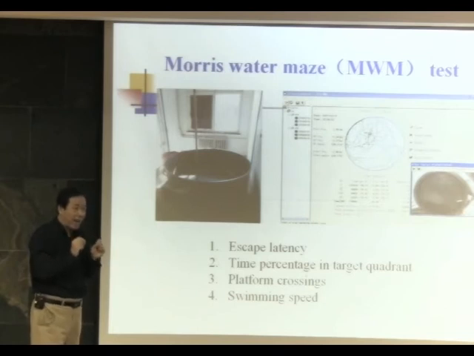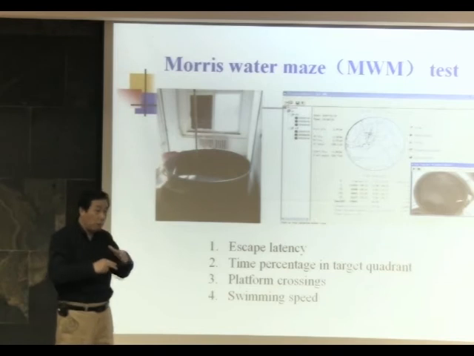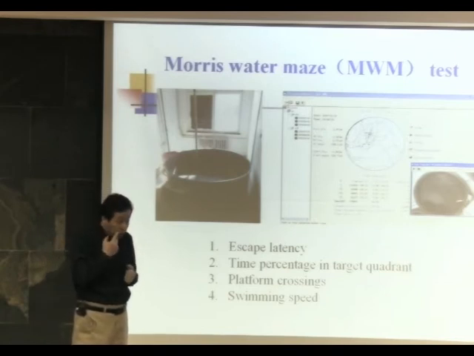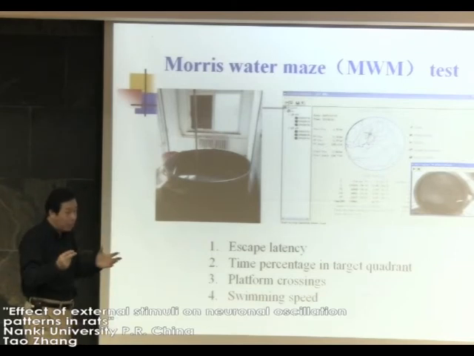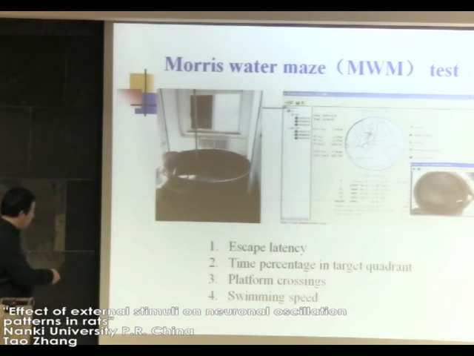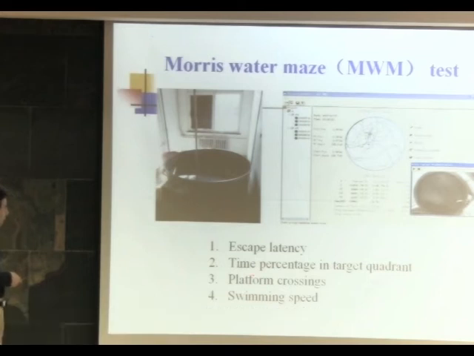The animal cannot find or recognize the platform based on vision. They have to use their spatial learning and memory. So this is escape latency. Another is the time percentage in the target quadrant, the number of platform crossings, swimming speed, and so on.